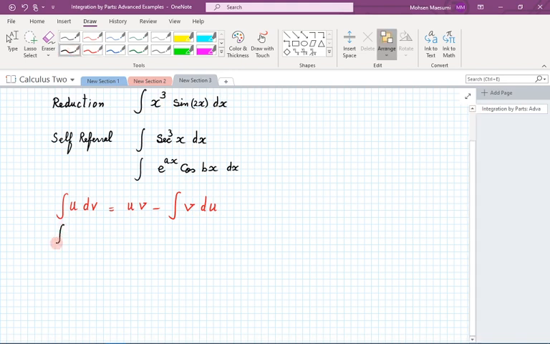So I have the integral of x cubed sine of 2x dx. I want to process this, so I take u to be x cubed, and whatever is left is my dv.